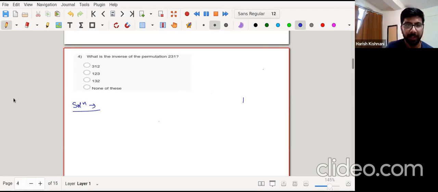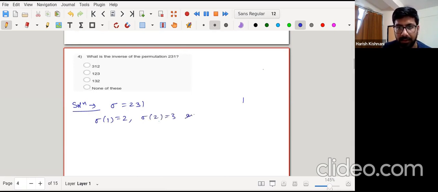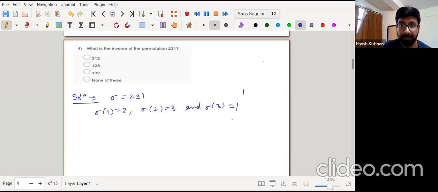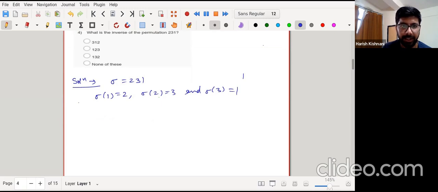Okay, so let's see if Brian is correct or not. So sigma is 231. So sigma of 1 is 2, sigma of 2 is 3, and sigma of 3 is 1. So to reverse it, we want sigma inverse of 2 should be 1, sigma inverse of 3 should be 2.